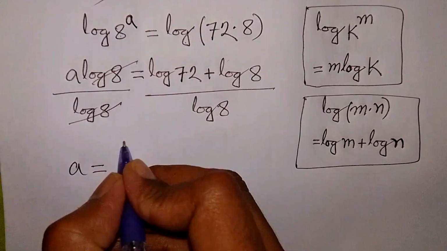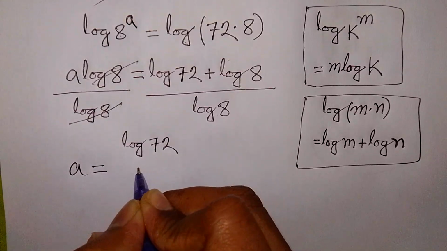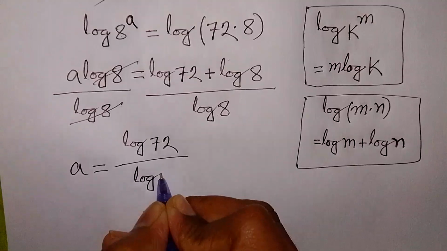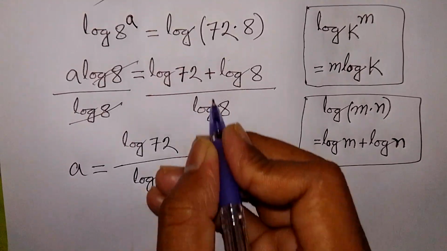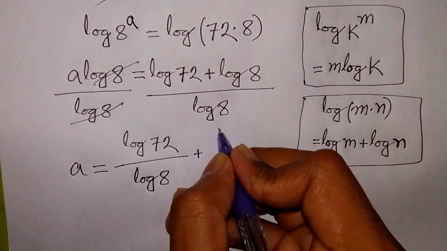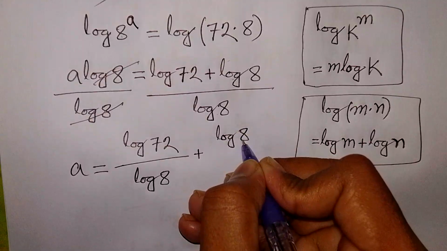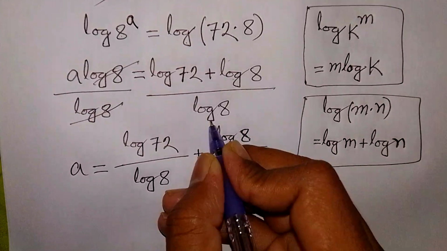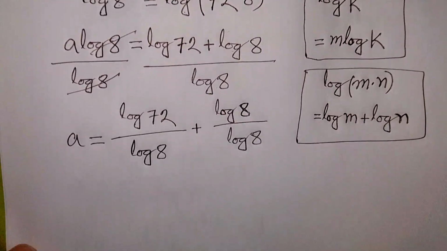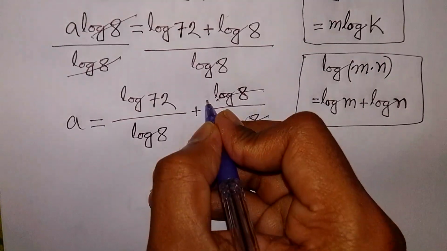So here log 72 over log 8 plus log 8 over log 8. This log 8 will be cancelled out.